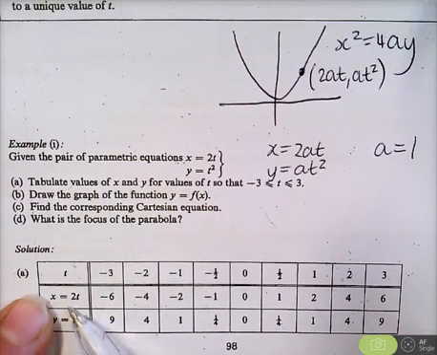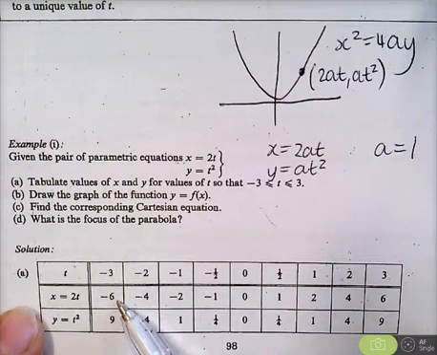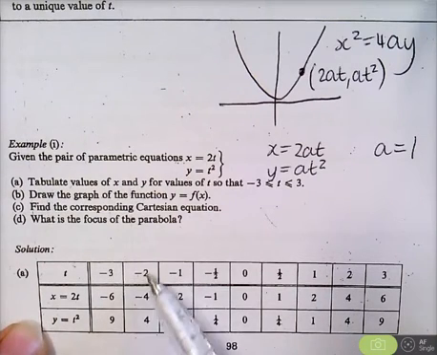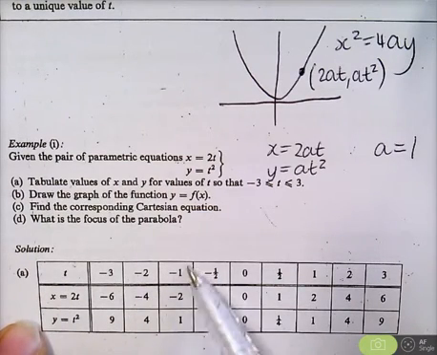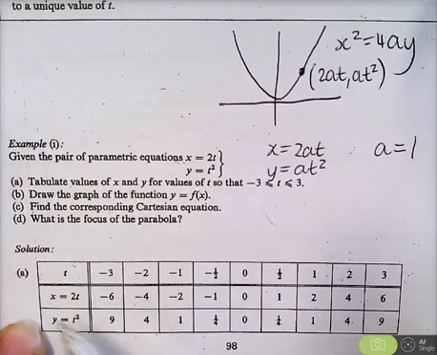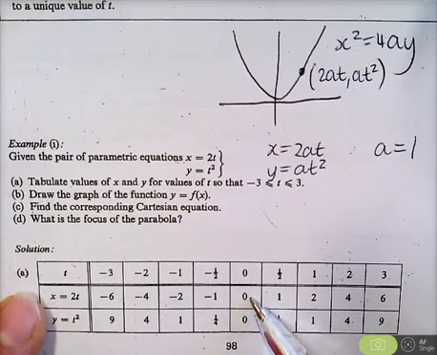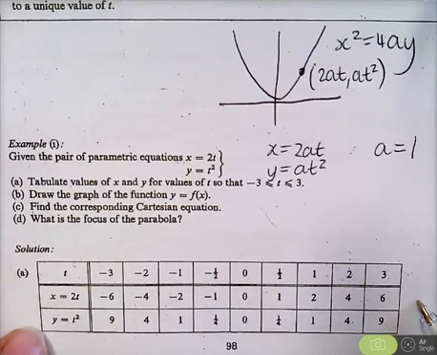When t is -3, x is 2 times -3 is -6. Can you see that? When t is -2, 2 times -2, the x value is -4. Can you see what's happening here? When t is -1, 2 times -1 is -2. When t is -1/2, 2 times -1/2 is -1. When t is 0, x is 0.